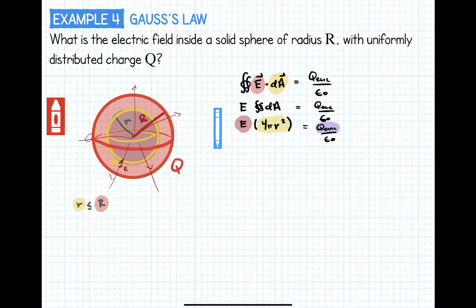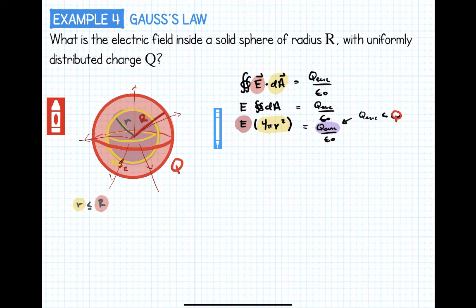So we know this Q enclosed is going to be less than our total Q, right? Where our total Q is just the Q of this total charged sphere thing. And it has to be less than the total Q because you're taking some fraction of it. So we know we're going to end up with some fraction that's less than 1, okay?